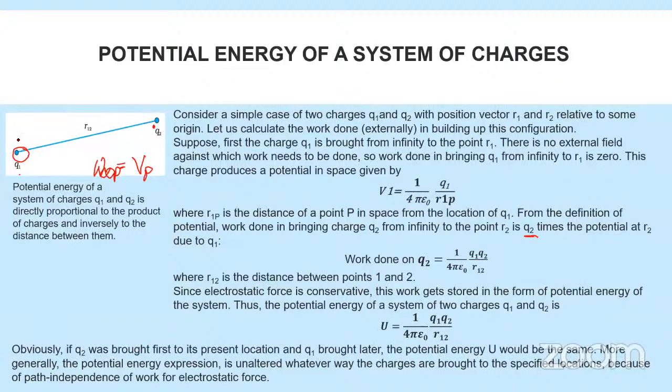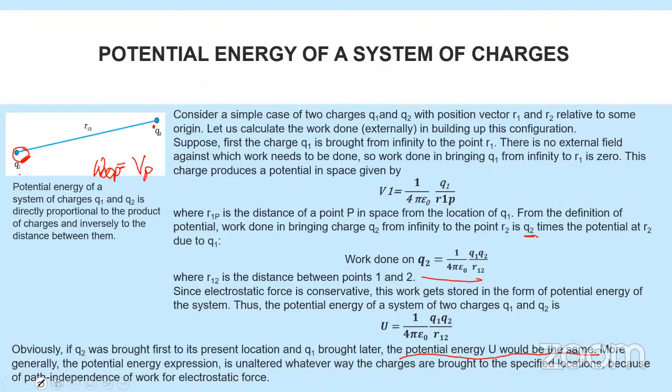The work done would be equal to the potential at this point due to q2 already being there, so the work done on q1 would again be 1 by 4 pi epsilon 0 q1 q2 by r12. It would have been the same whether you bring q2 first or q1 first, so it is not going to change the potential energy.